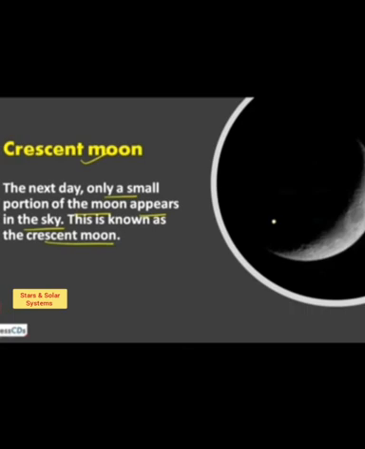But crescent moon is when, the very next day after the new moon day, only a small portion of the moon appears in the sky. This is known as crescent moon.